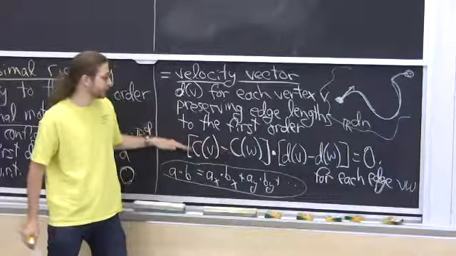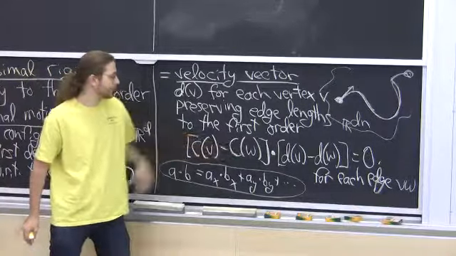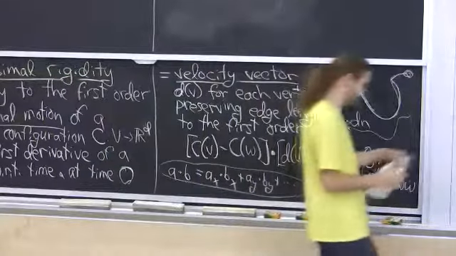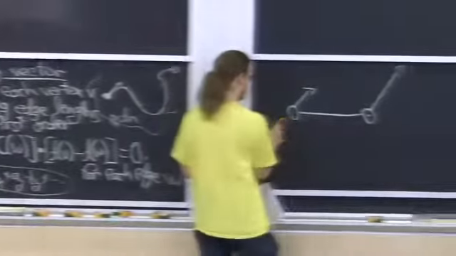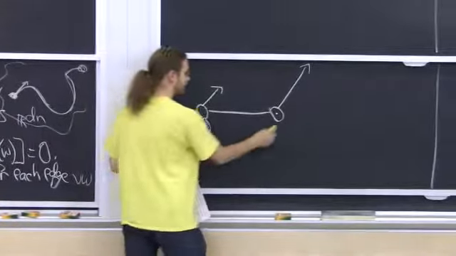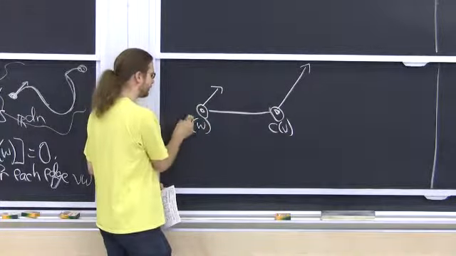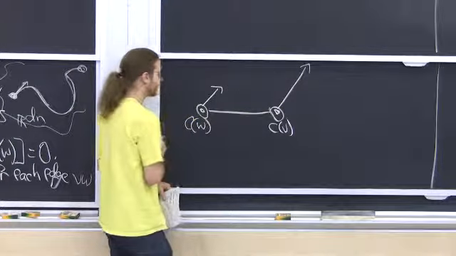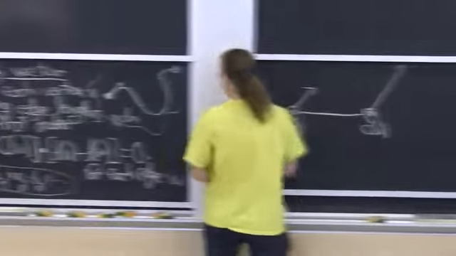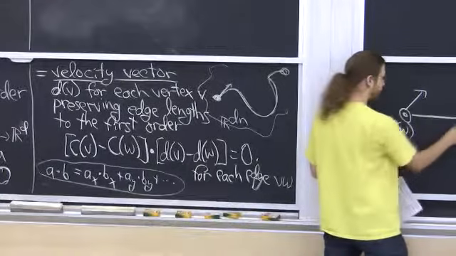This is a vector c of v minus c of w. Let me give some labels. Let's say this is w and this is v. Let's say these are the points that the configuration places w and v at. Then c of v minus c of w is this vector.